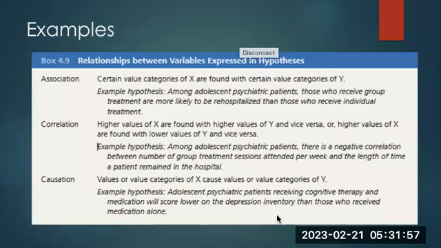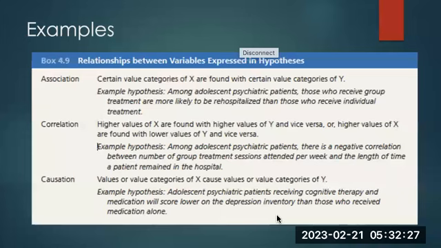So these are some relationships between variables expressed in hypothesis form using association, correlation, or causation. And these are some examples. For association, the statement reads, among adolescent psychiatric patients, those who receive group treatment are more likely to be rehospitalized than those who receive individual treatment.